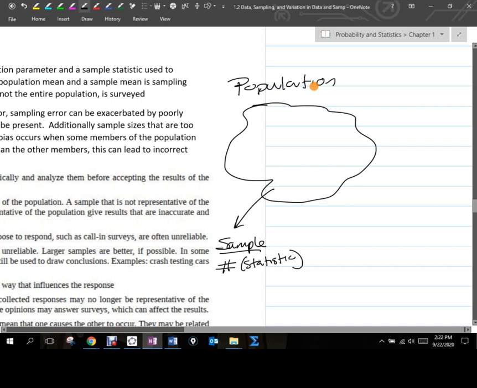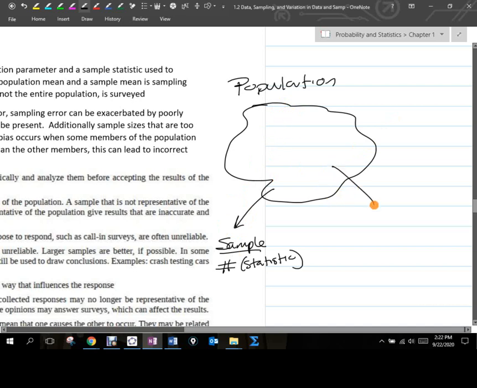Now, if we've done our due diligence, set up our research correctly, and tried to eliminate as much bias as we can in gathering this data, then they should be in the ballpark of one another, but they're going to be different.